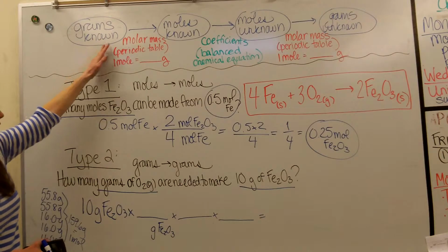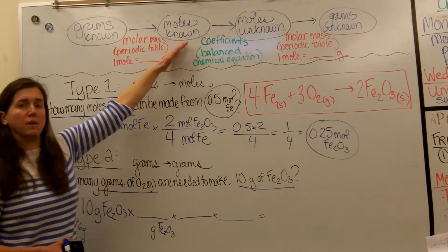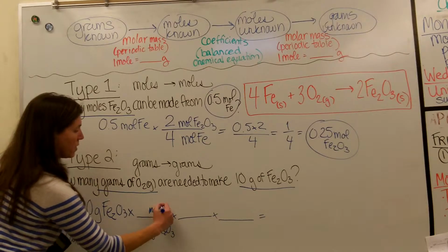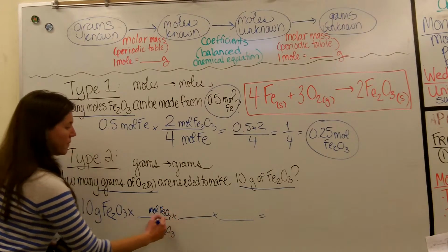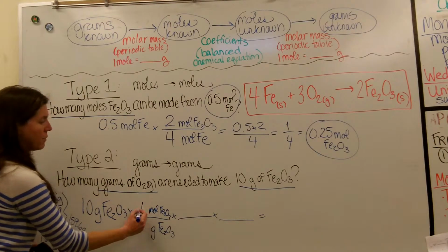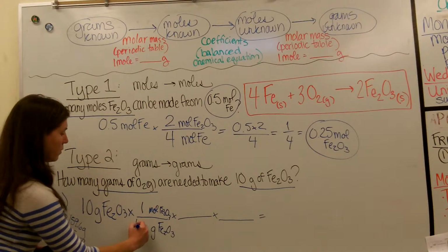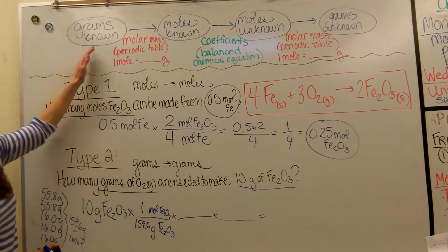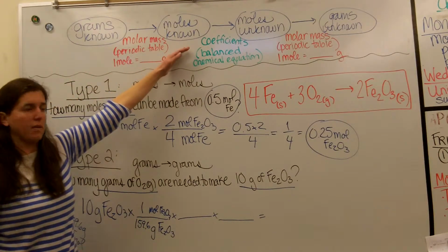If I'm starting with grams, my next step is I want to find moles. So on the top of my fraction, I'm going to write moles Fe2O3. And that info from the periodic table tells me that 1 mole of Fe2O3 weighs 159.6 grams. So now I've just figured out how many moles of Fe2O3 I have.